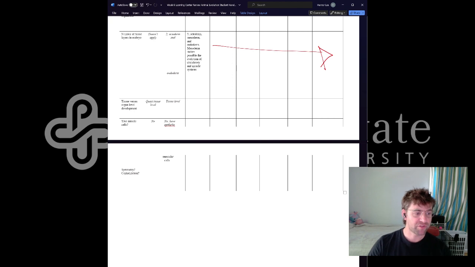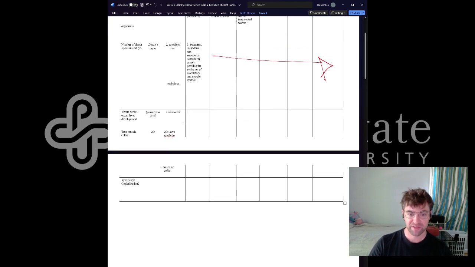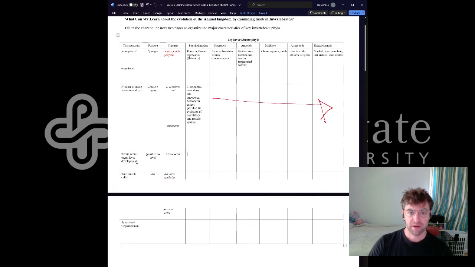So now we have tissue versus organ level development. Porifera, our sponges, have a quasi-tissue level. Cnidaria, we have true tissue level. And for Platyhelminthes, we have tissue level with the beginnings of organs in the reproductive system in particular.